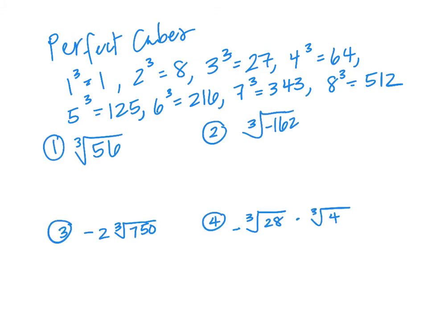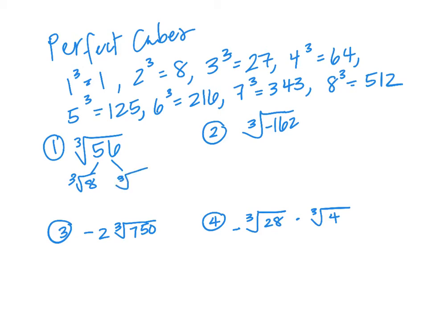All right, so let's do some practice problems with these. So you want to divide. We have the cube root of 56. We want to divide it by the largest perfect cube possible. So the largest one would be 8. And you want to make sure that you write that 3, otherwise it is a square root.